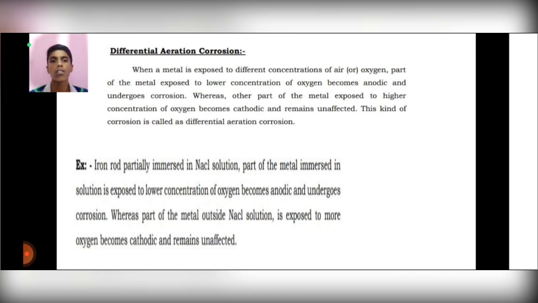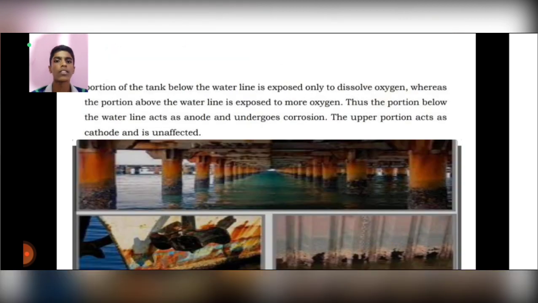Example: an iron rod partially immersed in a NaCl solution. The part immersed in the solution is exposed to lower oxygen, becomes anodic and corrodes, whereas the part outside the solution is exposed to more oxygen, becomes cathodic and remains unaffected.